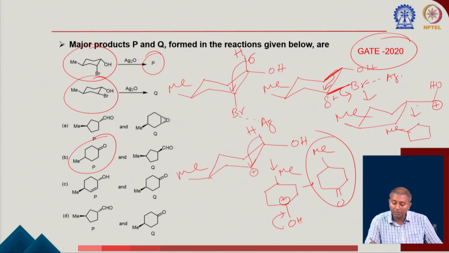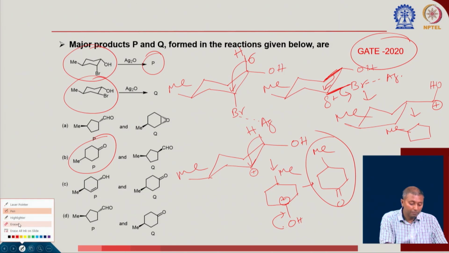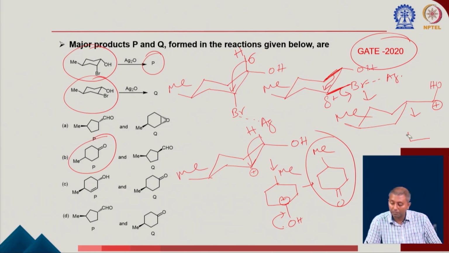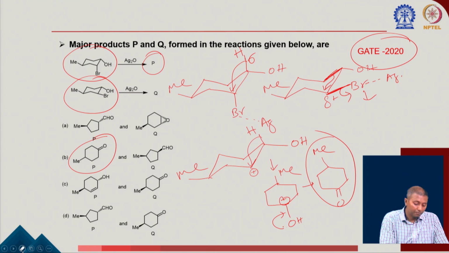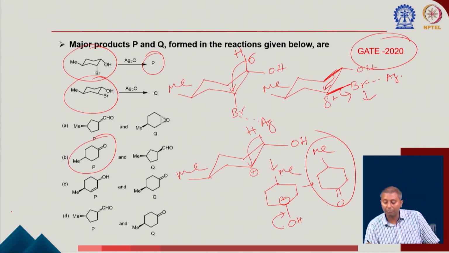Let me see. Yeah, so actually this will be your axial bond here. So let me just go back and fix it. So what is going to happen once you form this one? Now you can clearly see that this bond is going to give electron density to the anti-bonding orbital of this carbon-bromine bond.